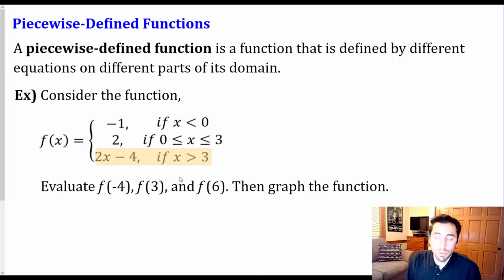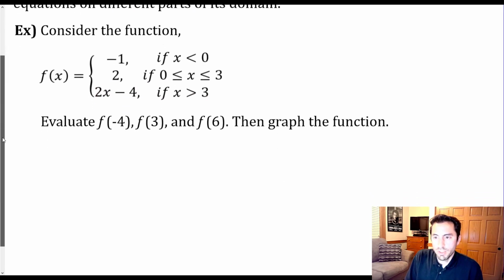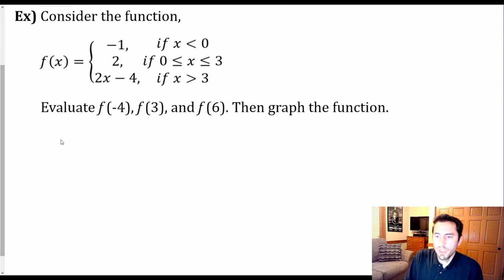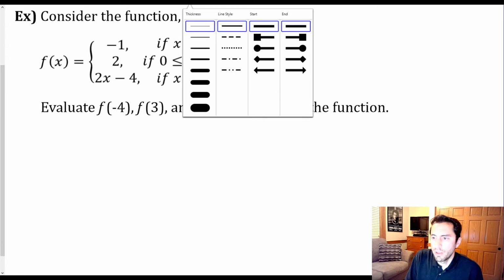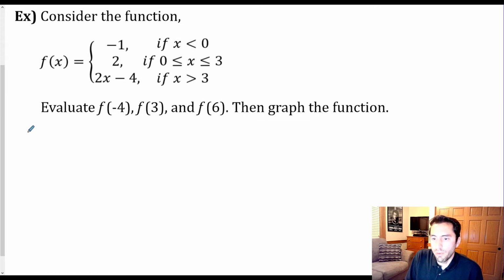Okay, so what I like to do is evaluate 3 different values, and I want to graph this just to give you a visual on what this would look like. So the first thing to evaluate, we just need to make sure that we are following the intervals that are laid out for us. So the first one, we have f of -4.